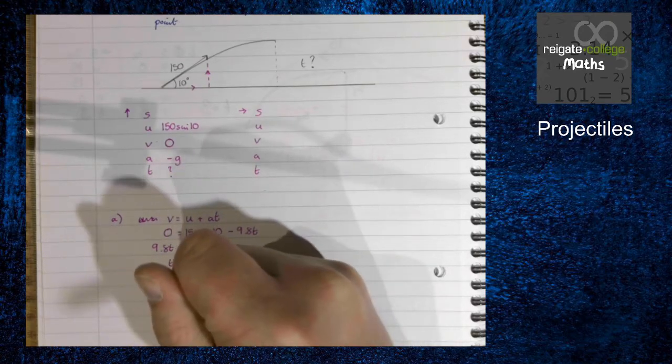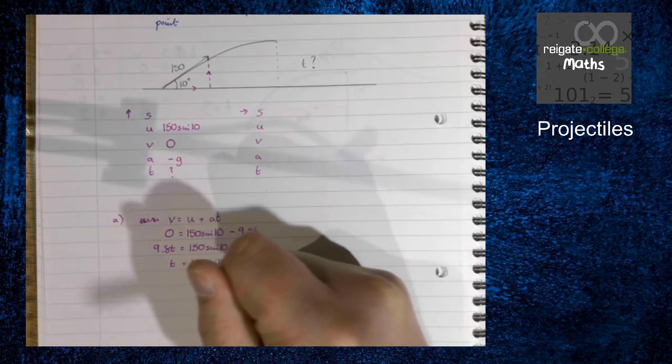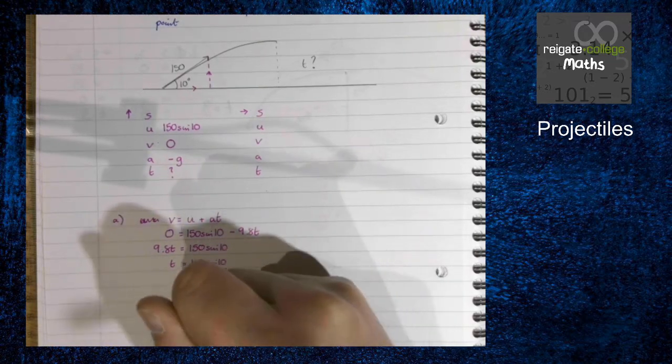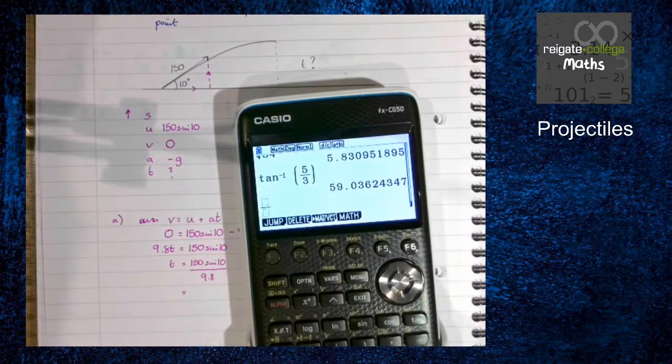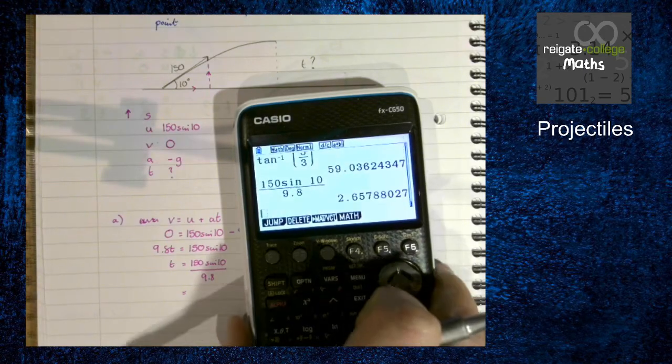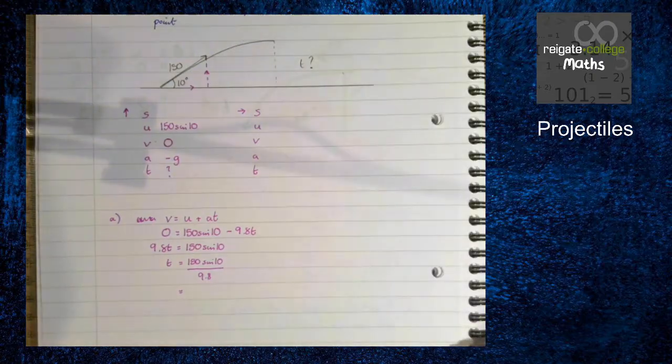So t is 150 sine 10 over 9.8, which we stick in our calculator. Oops, 150 sine 10 over 9.8, which gives us 2.66 seconds.